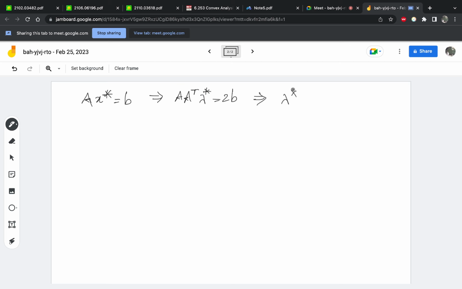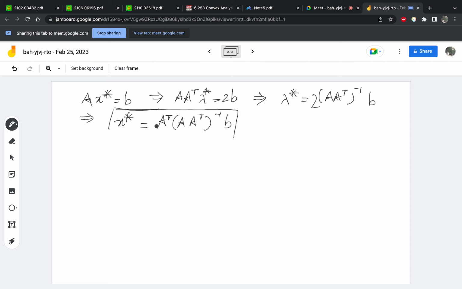So this implies lambda star is simply (A A transpose) inverse 2b, and when I put it back ultimately in x star, what I'll get is x star is A transpose (A A transpose) inverse b.